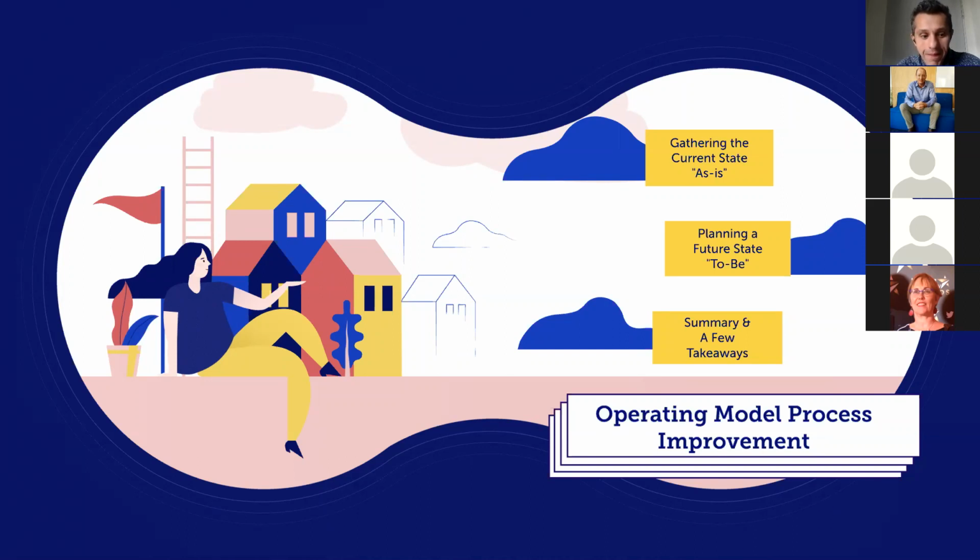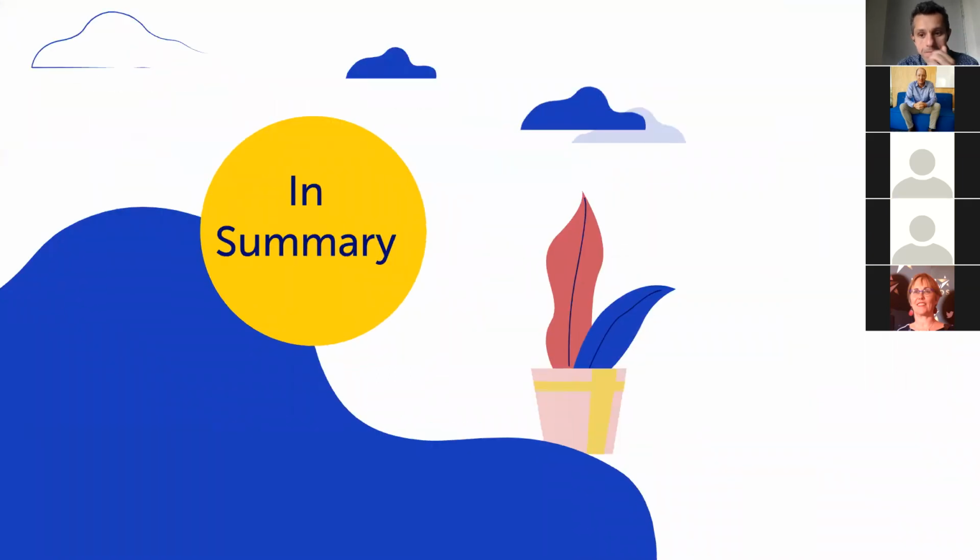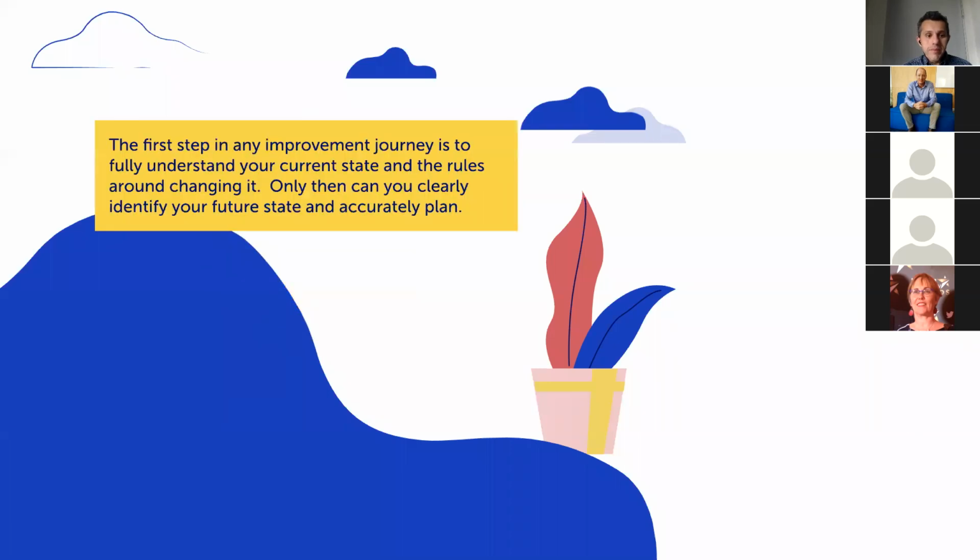Perfect. So I will move on just to this last bit, just to summarize. I'm not going to go verbatim on here, but it is super, super important, and I think one of our attendees mentioned this at the start. If you do not know where you currently are, then getting to a future state is really difficult.